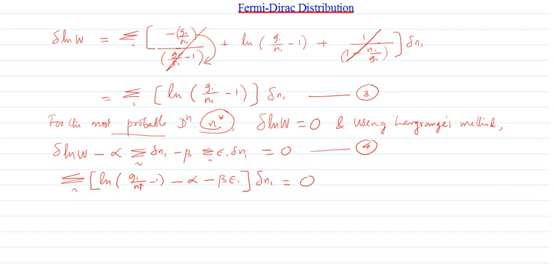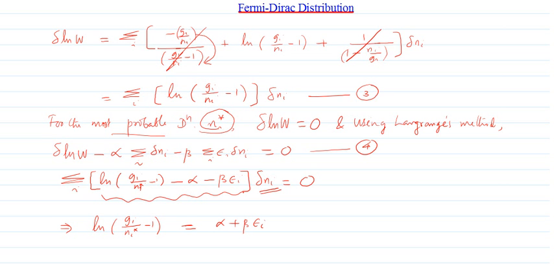Now you know what to do. Since delta ni is arbitrary, for this equation to be correct for any arbitrary value of delta ni, the quantity in this bracket should be identically equal to 0. So it says that log of gi by ni star minus 1 should be equal to alpha plus beta ei.